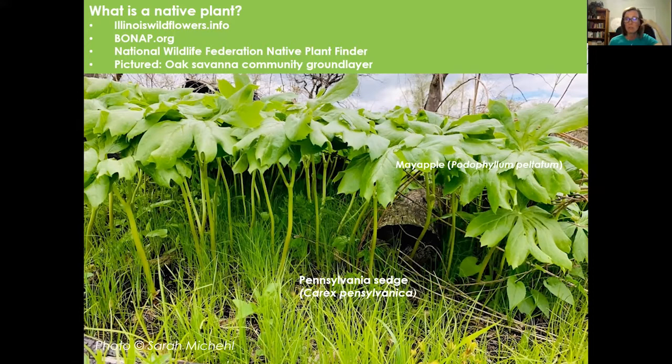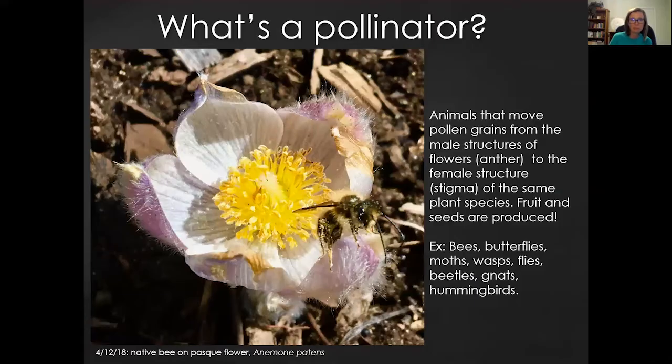I will often Google a plant name, say purple coneflower, and then put the word Illinois after it because I know it's going to bring me to that website, which gives you all the faunal associations. Like every insect that depends on mayapple and interacts with mayapple, it'll tell you. So that's so cool. And it's not just wildflowers, it's grasses and sedges and trees and shrubs and all kinds of stuff. All right, let's go on.